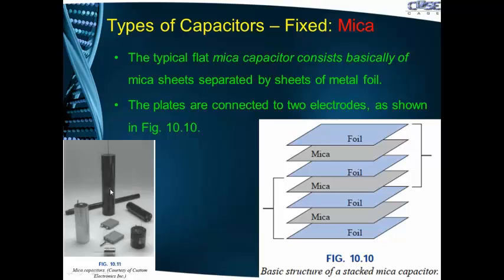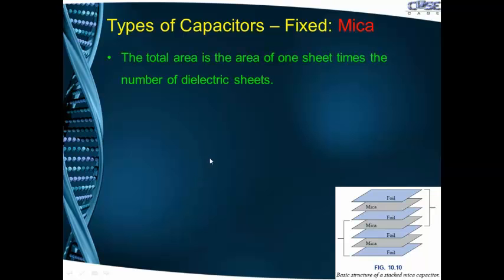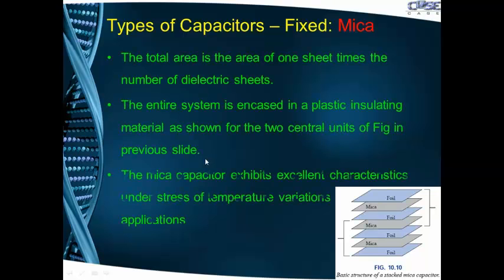So physically it appears in this form. In this form, these two tiny flat capacitors. These are the mica capacitors. These are typically the electrolytic capacitors. These are a few important details about the mica capacitor.